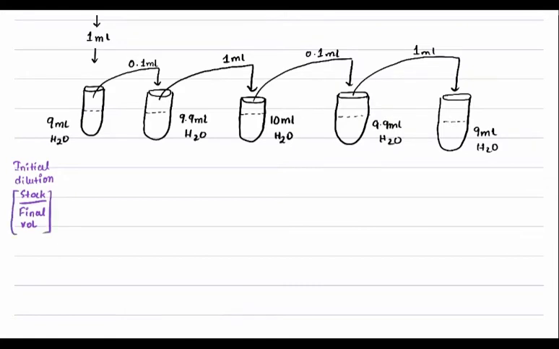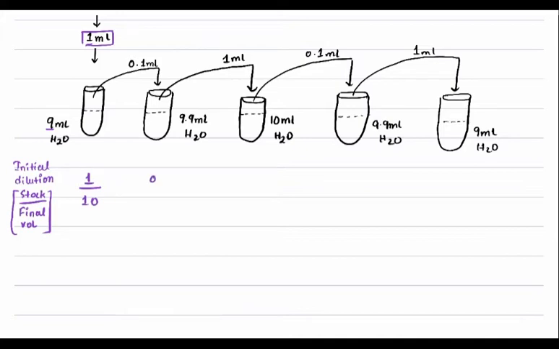Stock by the final volume. So for the first one, we took 1 ml from the stock and we are diluting it into a final volume of 10 ml. Why 10? Because 9 and 1, like I said, both of them are liquid, and so the final volume is going to be 10 ml. So 1 upon 10.